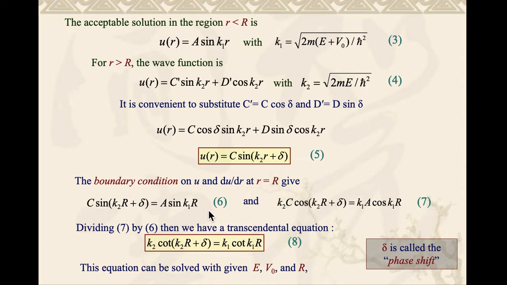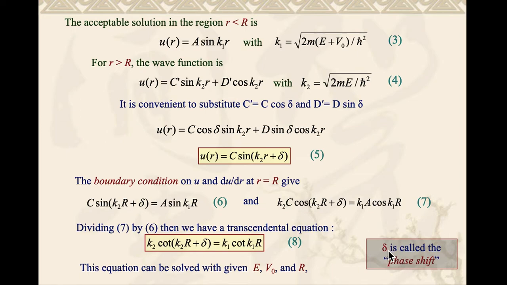Suppose you divide 7 by 6, you can get the result as k2 cot of k2r plus delta equal to k1 cot k1r. And this is also a transcendental equation. And this can be solved if you know E, V0 and R. That means you have to know this k1 and k2. Suppose you know E and V0, you can have k1 and k2, and also by knowing the value of r, you can solve this equation.